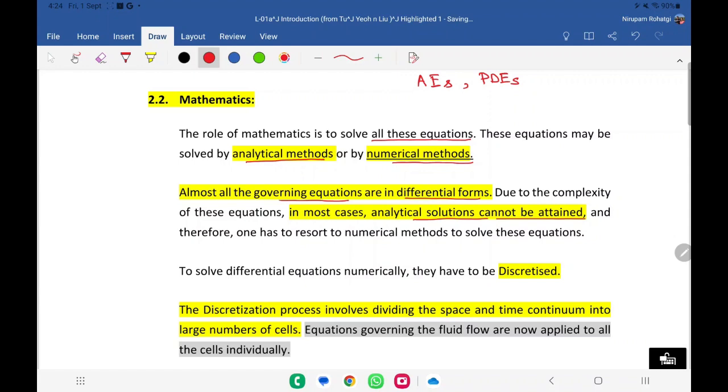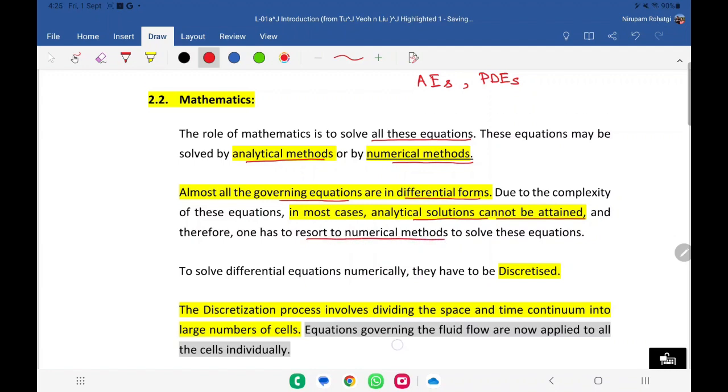We have seen also in our younger classes that whenever we solve a differential equation, only very few equations can be solved, and if there are multiple equations coming together and they are coupled, it becomes much more difficult. So even if an analytical solution is one possibility, it is actually not available to us. Then we have to resort to numerical methods.